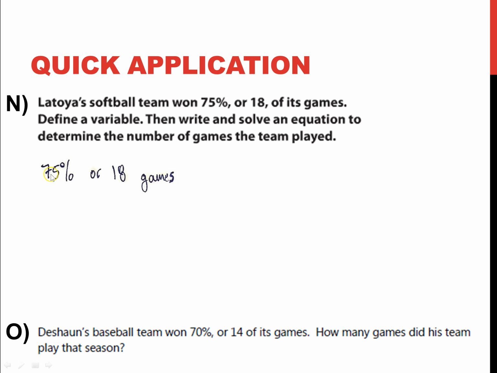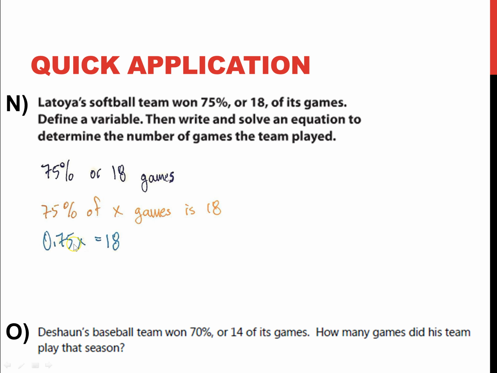All right, so I'm going to simplify the information in the problem. So 75% or 18 games. So let's say 75% of X games is 18. So I've defined X as the number of total games that they've played. All right, so 75% of X. Of is multiplication. So I'm going to turn the 75% into a decimal.